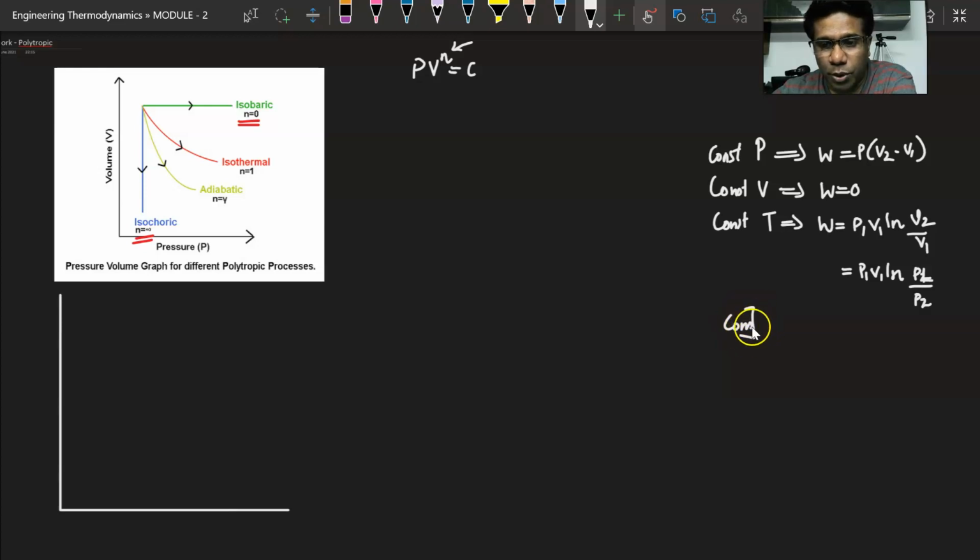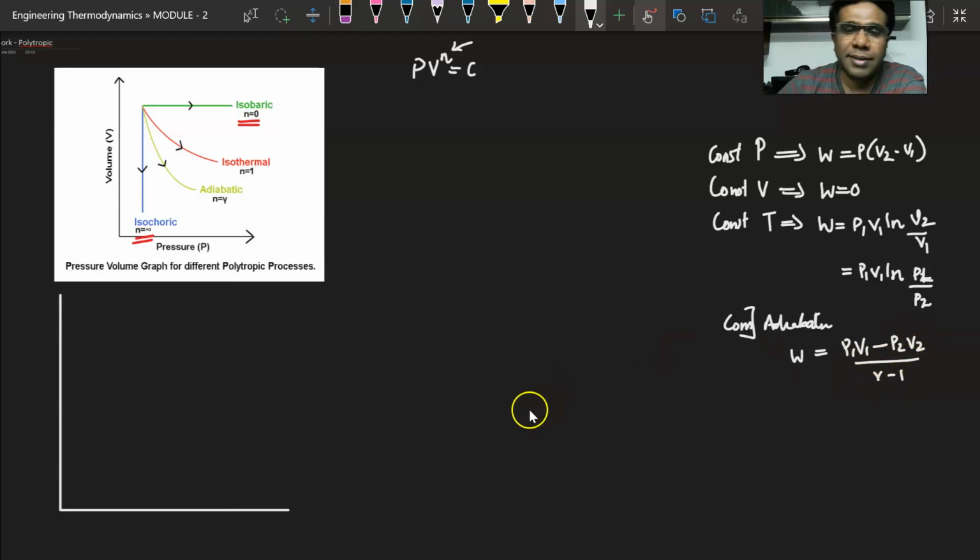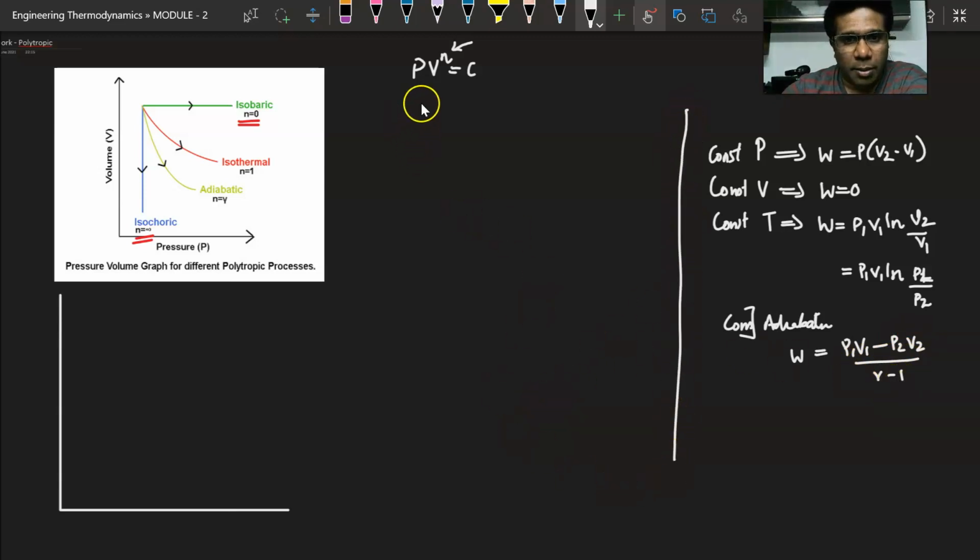Again, for a constant heat transfer process, or an adiabatic process, we derived the work done as (P1 V1 minus P2 V2) by (gamma minus 1). Now, as we mentioned, the value of n is what changes in all these processes.